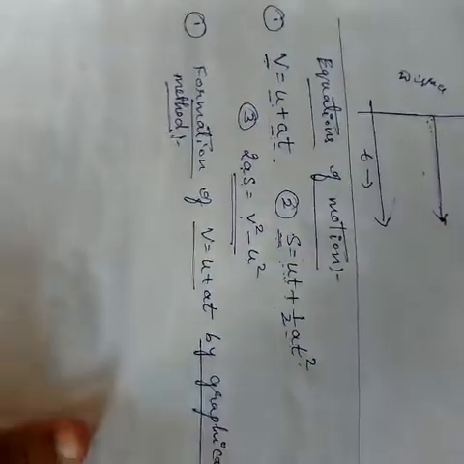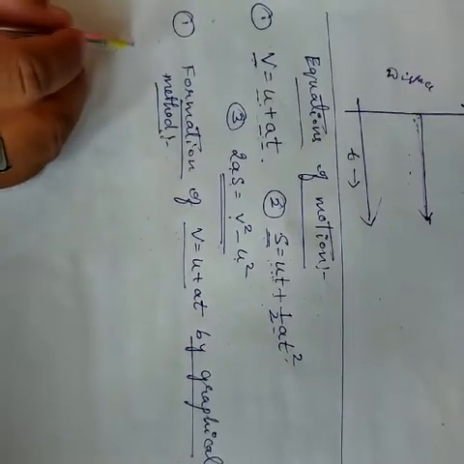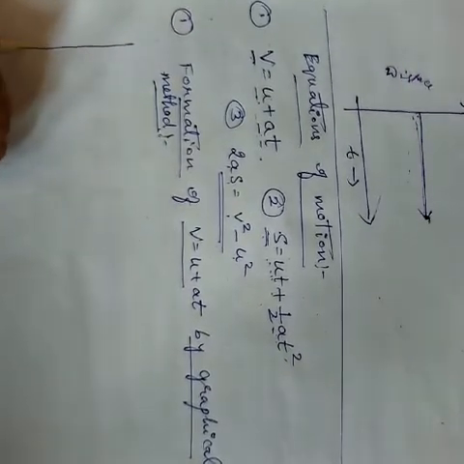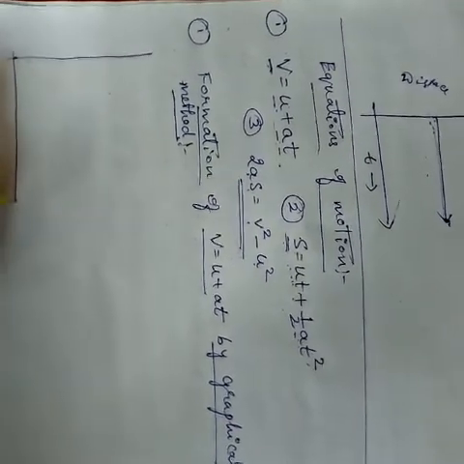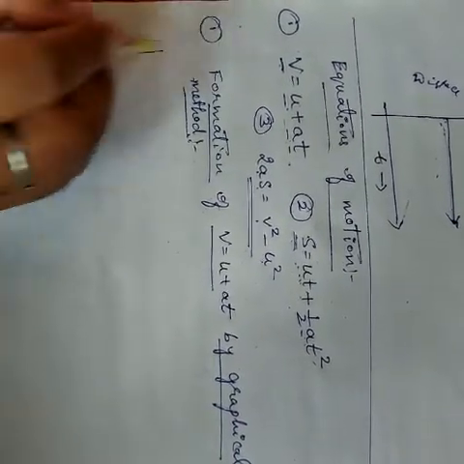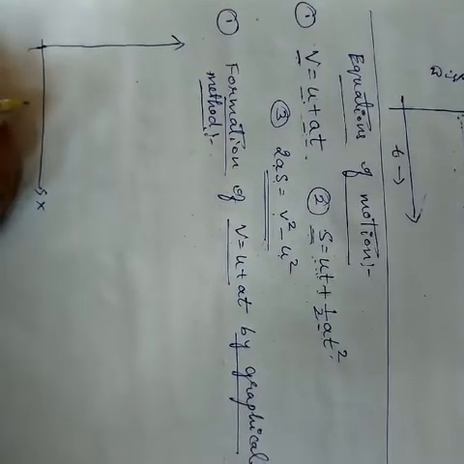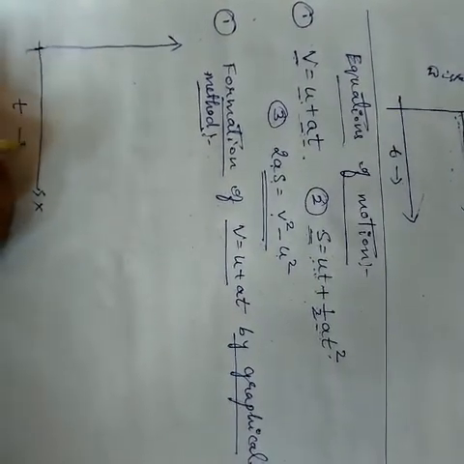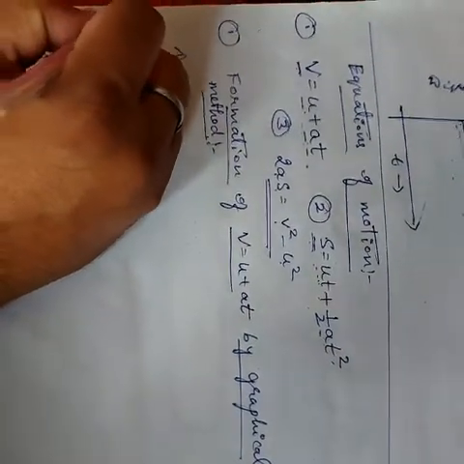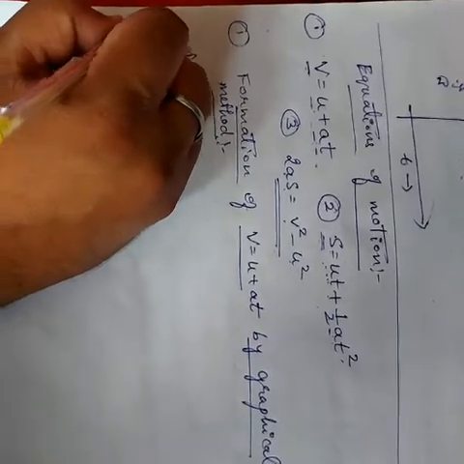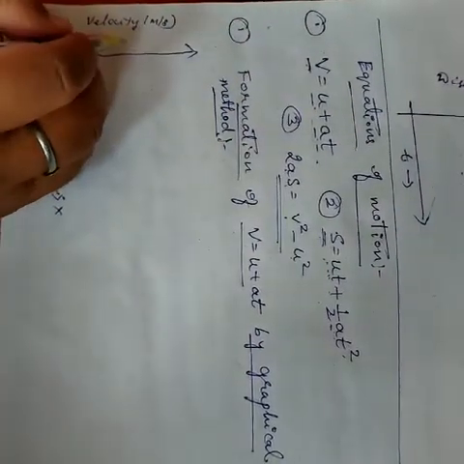This one is very important. First you draw the graph. The x-axis is the time taken, which we denote by t, and the y-axis is the velocity, whose unit is meter per second.